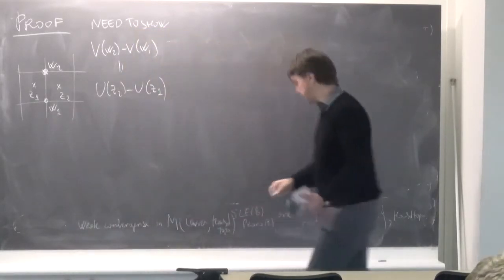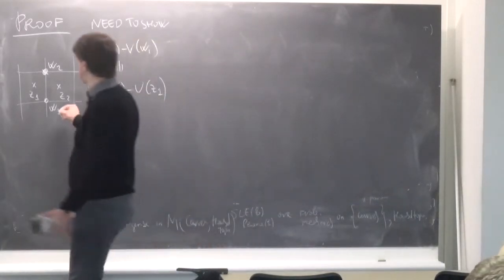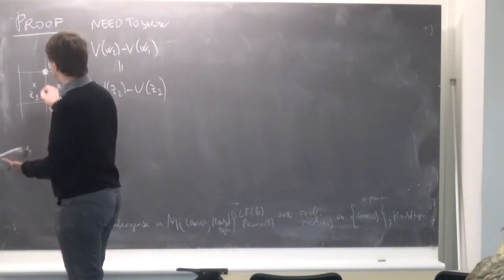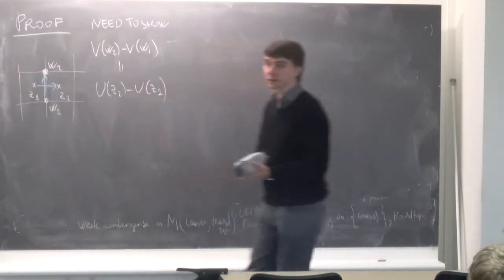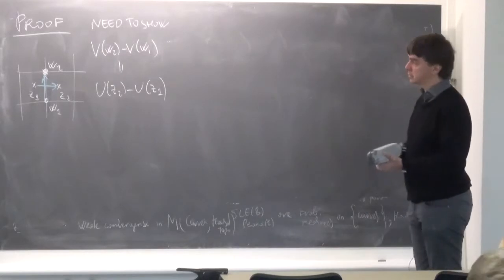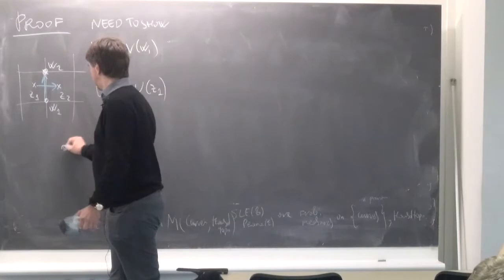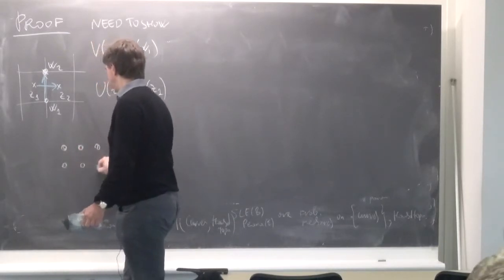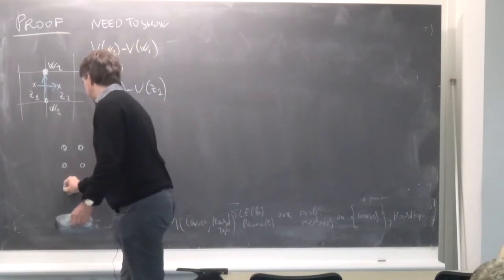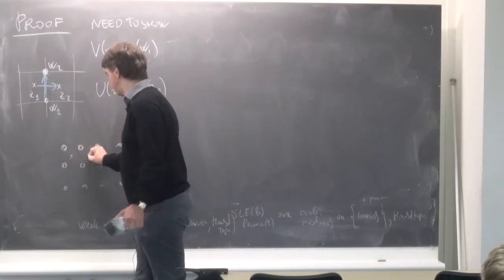So this was basically the definition of discrete analyticity, that this difference is equal to that difference. Because basically we have the imaginary part of our function defined on our lattice, and we have the real part defined on the dual lattice.